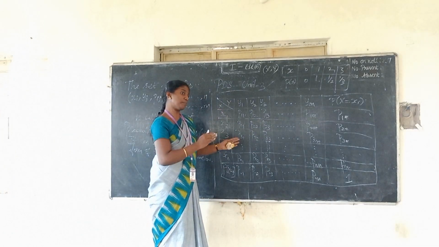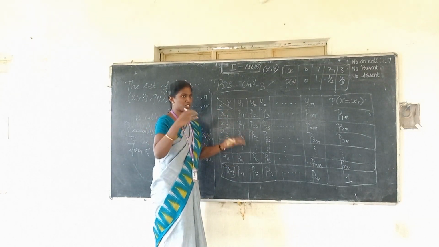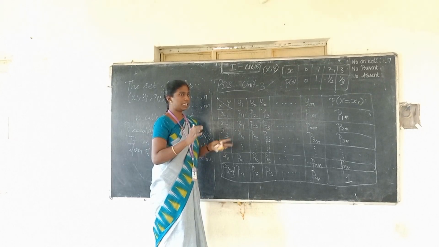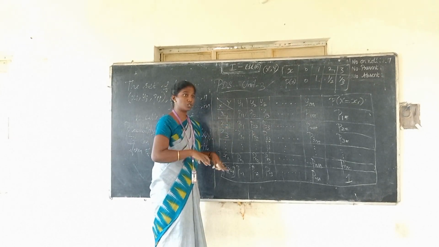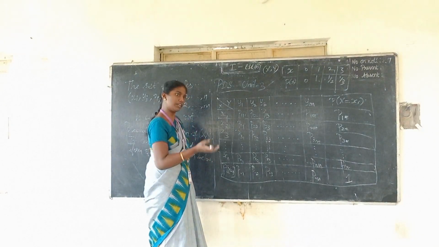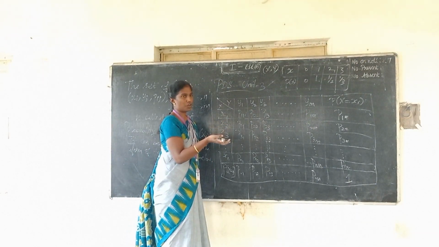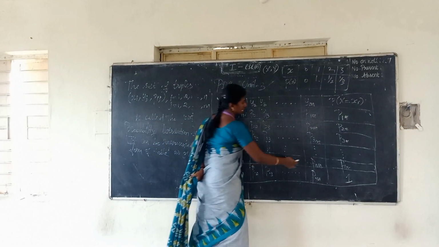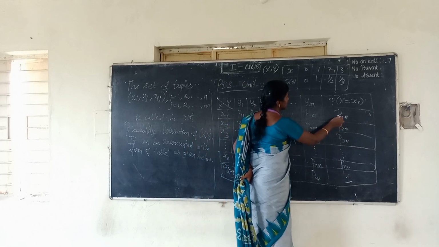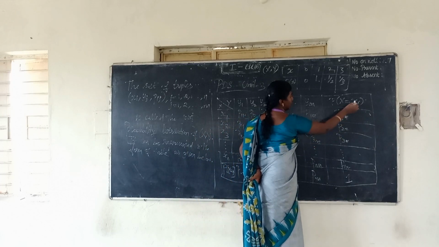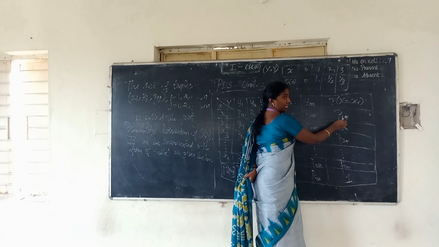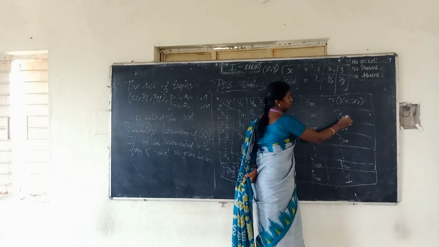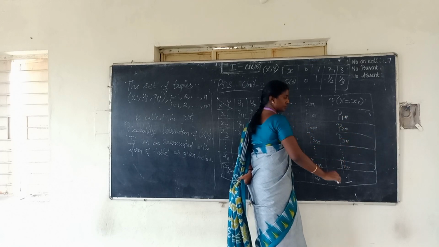The number of values need not be the same. Is it clear? It need not be that X equal to 0, 1, 2 and Y also 0, 1, 2, not like that. There can be different values for the 2 random variables. So this is the table. Here, since X equal to xi only, we are representing 1, 2, 3, not Y. Y is simply represented as a star.